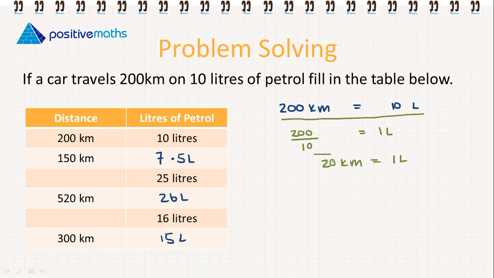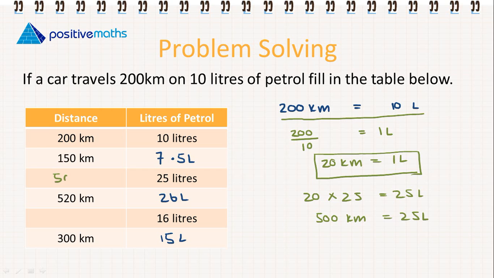Now that we have that, we can use it to find how far the car will travel on 25 litres of petrol. If 1 litre is 20 kilometres, then 25 litres is going to be 20 by 25 kilometres. So we'll get 500 kilometres for this one.